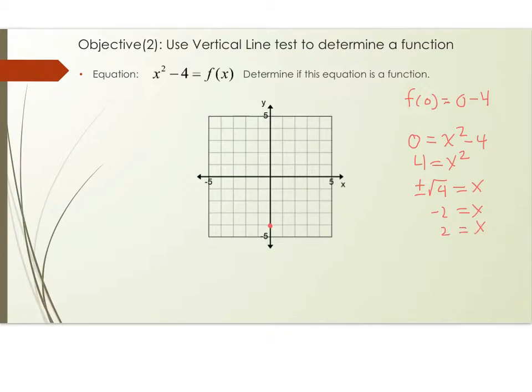So when y is 0, I have a 2 and I have a minus 2. And this equation is probably continuous, so I can graph it, and it is a parabola.